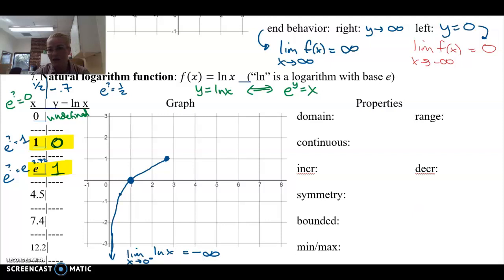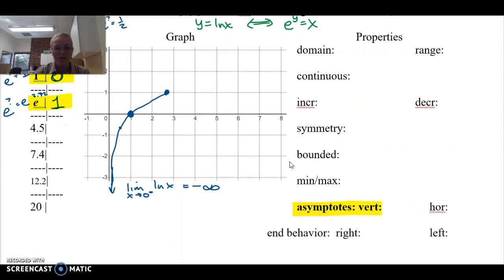And we're going to have a vertical asymptote at x equals 0. VA, vertical asymptote at x equals 0.